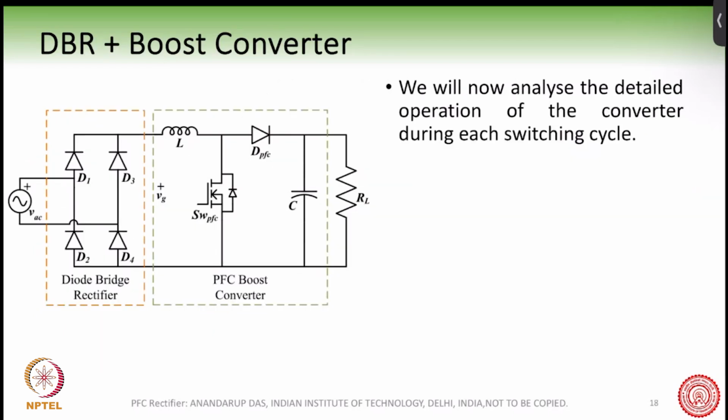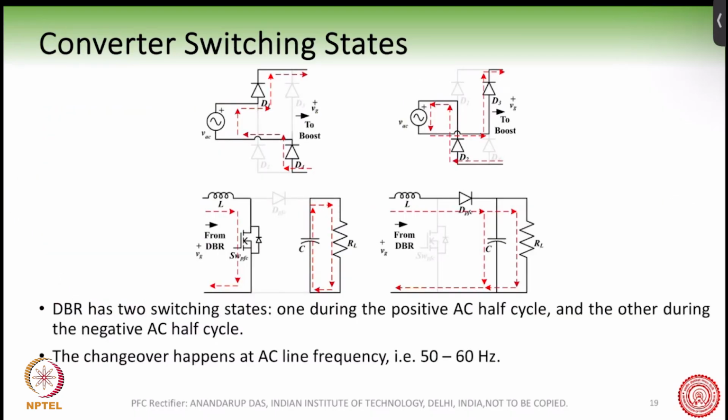Now let us go into the detailed operation of the converter during each switching cycle. Here is our converter, now drawn in a very standard format, and we will analyze its operation. When we analyze the operation of the converter, we have to do it in two stages.